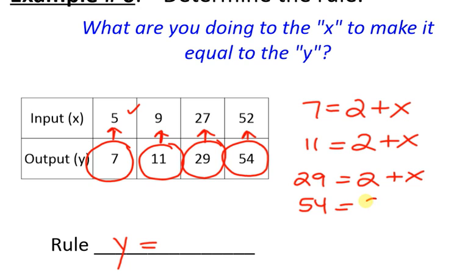I can add 2. 2 plus x. So again, 2 plus 5 equals 7. 2 plus 9 equals 11. 2 plus 27 equals 29. 2 plus 52 equals 54. So my rule is y equals 2 plus x.